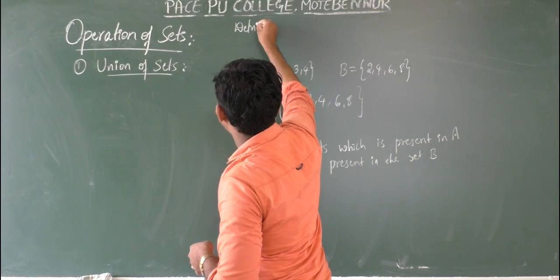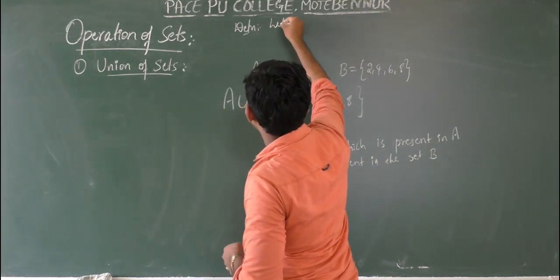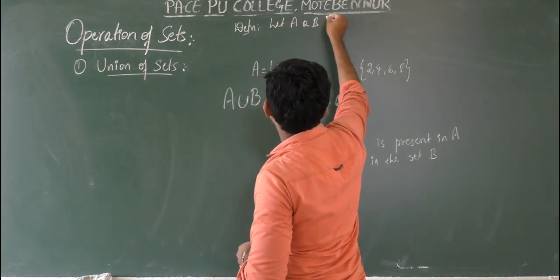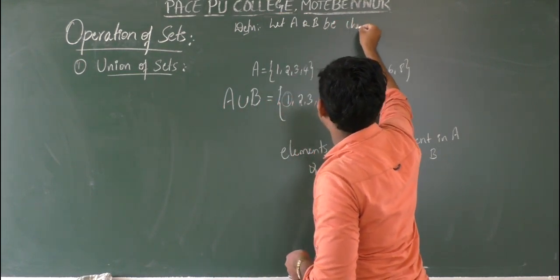See here, definition. Let A and B be two sets.